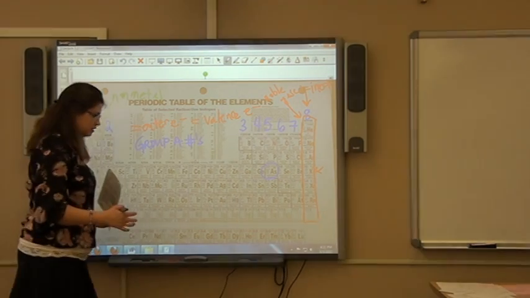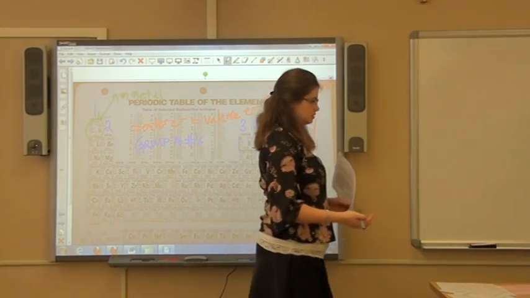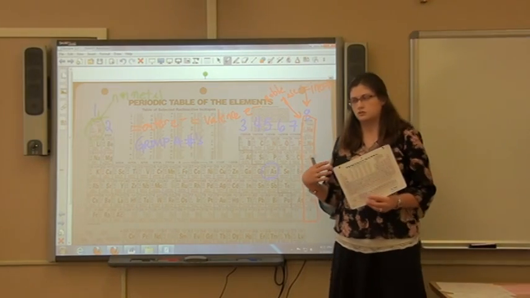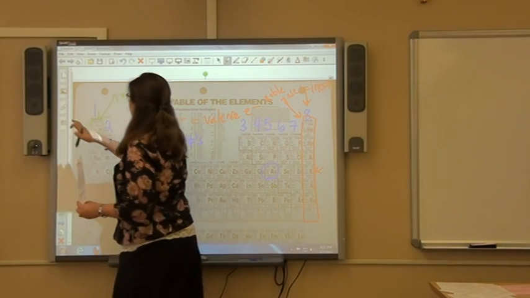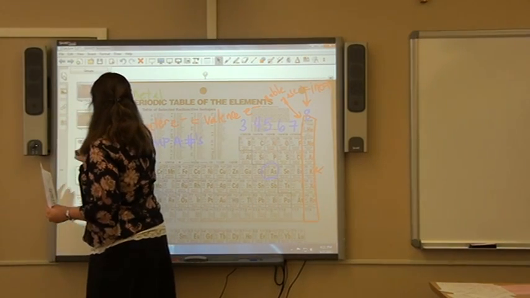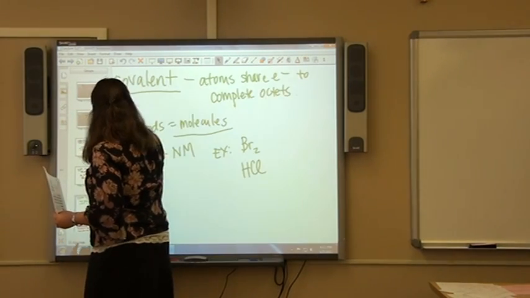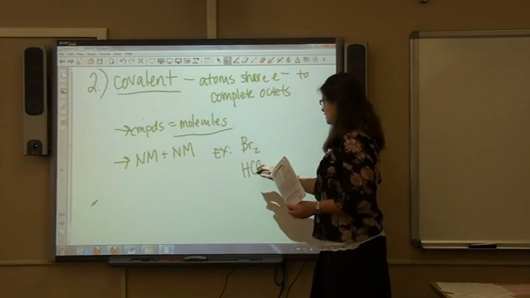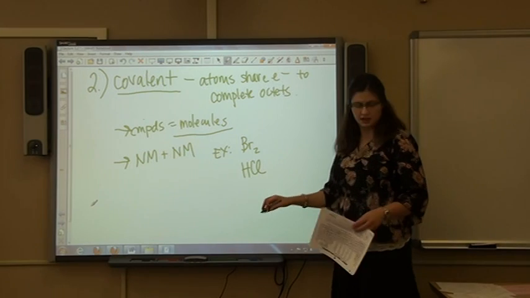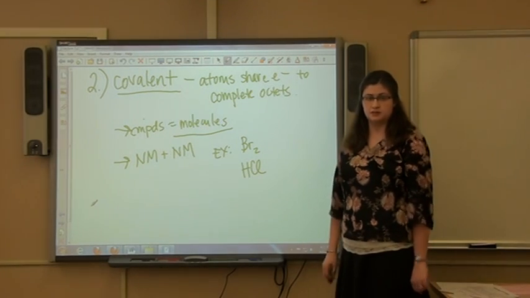Hydrogen is in fact a nonmetal, even though it is on the left side of the periodic table. You're not going to get into why. So, therefore, hydrogen is a nonmetal, chlorine is a nonmetal, hydrochloric acid is a covalent compound.